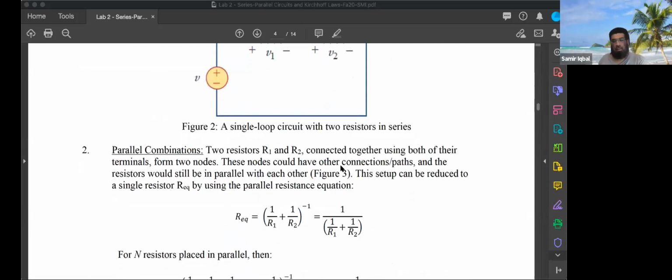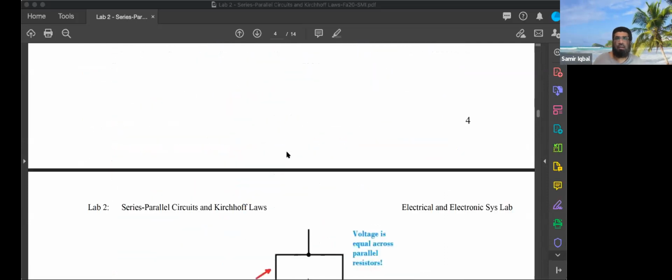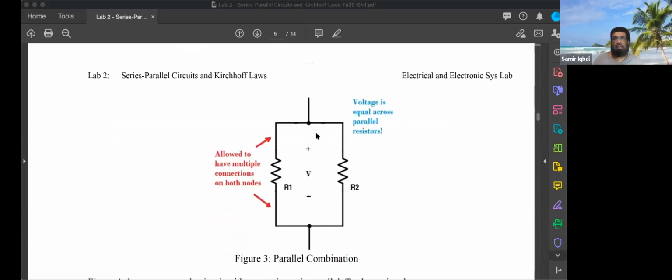Now, parallel combination. Parallel is where you have a voltage source and two resistances placed in parallel in front of that source. The voltage is the same across both of those. Well, if the voltage is the same, then the current gets divided across those two paths.